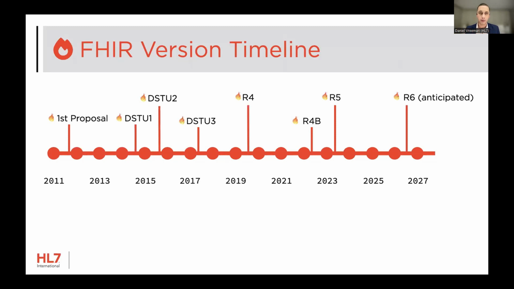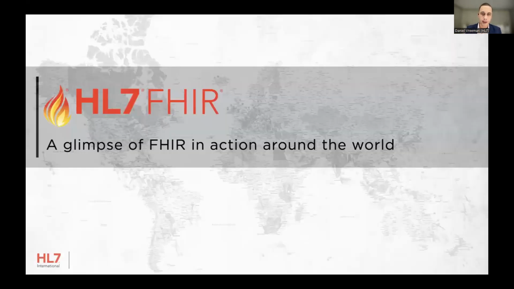These iterative versions have all been based on the cumulative implementer feedback and suggestions about how to improve over time. So let me share with you a glimpse of the FHIR world, things that are happening with FHIR that are propelling its advancement and its evolution.